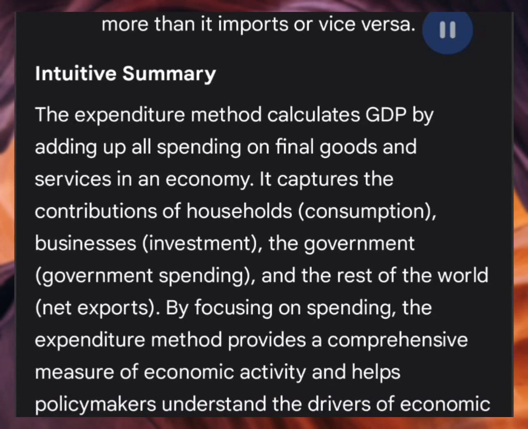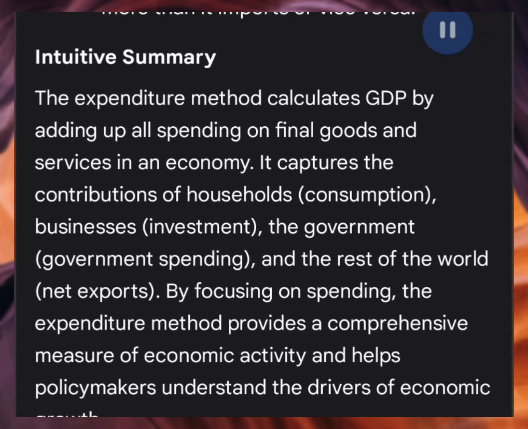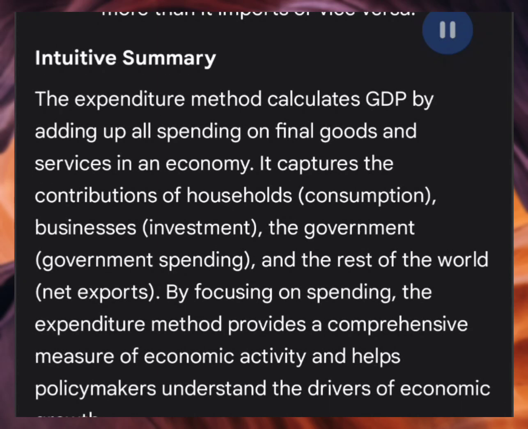Intuitive summary. The expenditure method calculates GDP by adding up all spending on final goods and services in an economy. It captures the contributions of households, consumption, businesses, investment, the government, government spending, and the rest of the world, net exports. By focusing on spending, the expenditure method provides a comprehensive measure of economic activity and helps policymakers understand the drivers of economic growth.